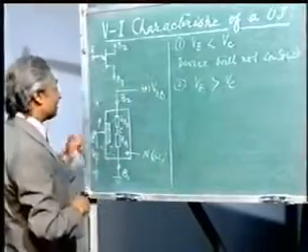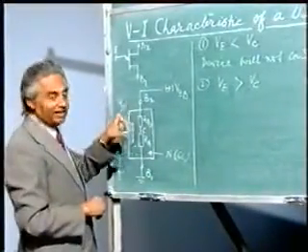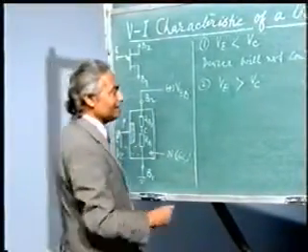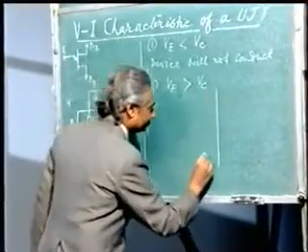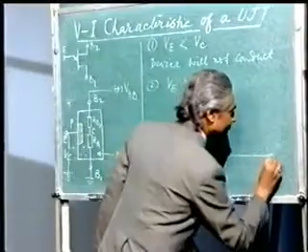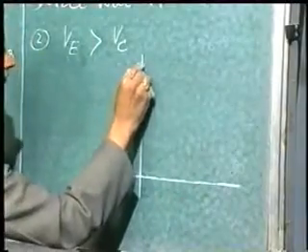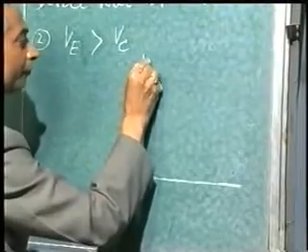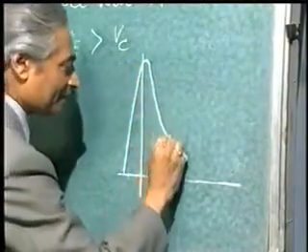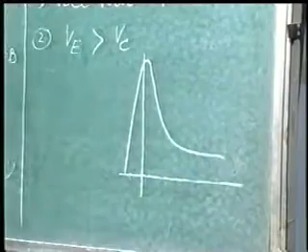So if I see the characteristic form, what do I see is like this. If I draw the characteristic, you will find a characteristic like this.